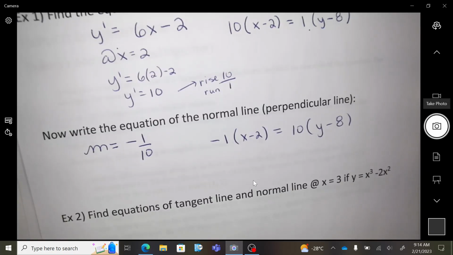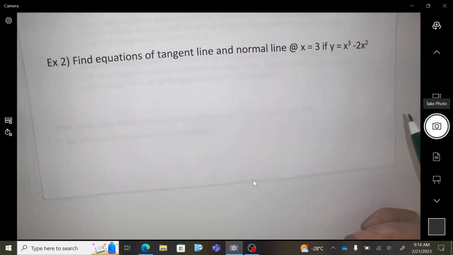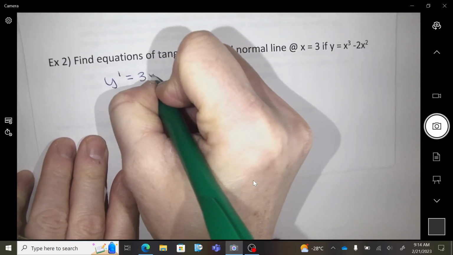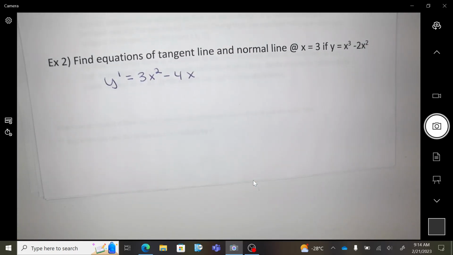Let's try another one exactly like that one. Okay, so find the equations of both lines. So the first step is to derive. So give me the derivative equation. Three x squared minus 4x, that's good.